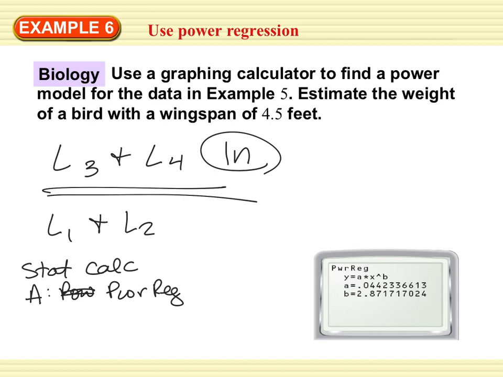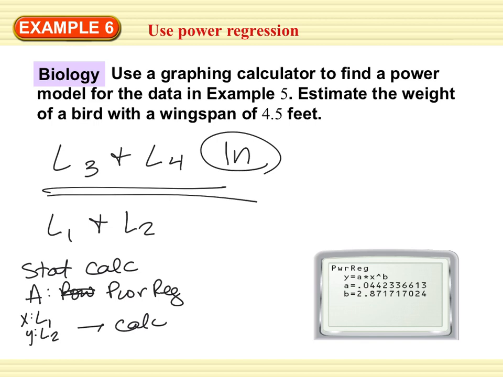Now we want to do this with list 1 and list 2. So our X list is going to be list 1, our Y list will be list 2. So go ahead and change those if you need to. And then hit calculate.